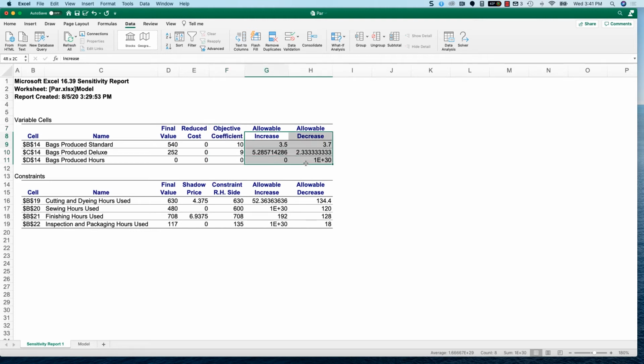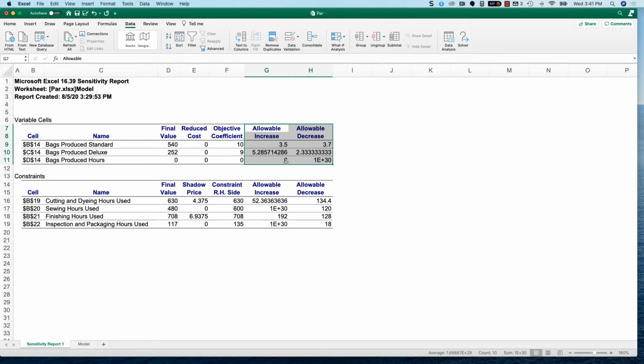The allowable increase and the allowable decrease, as I highlight these here, basically say that you can increase or decrease the number of products that we're going to produce by so much before the optimal solution is impacted. We can't increase or decrease the number of hours.